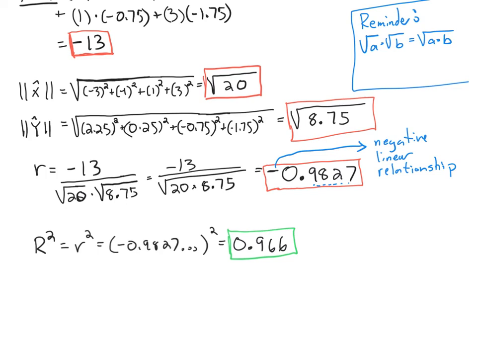But you do have a sign, and that sign is going to be the same sign as the slope of your line of best fit, or your linear regression line, and that tells you if the relationship is positive or negative. So this is a good way of calculating r squared as well. If you ever have any problems where you need to calculate the coefficient of determination, then this is a reasonable way of going. You can use this instead of the method you learned in the last video.